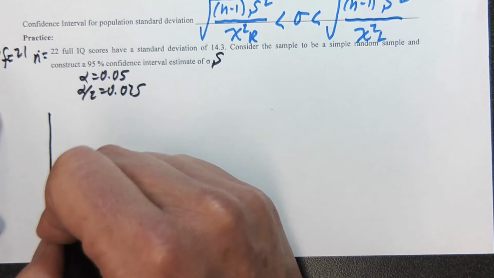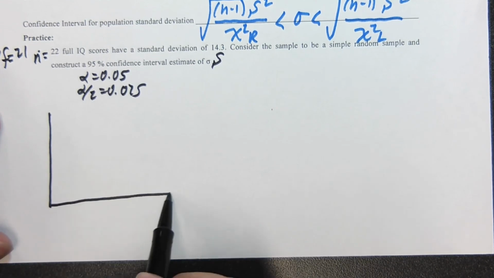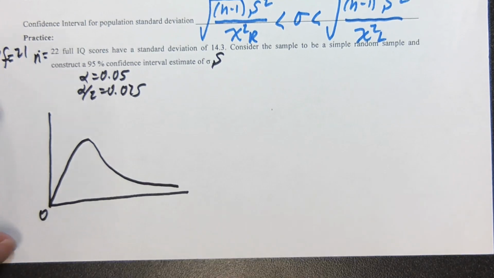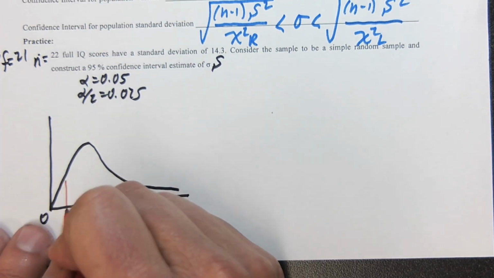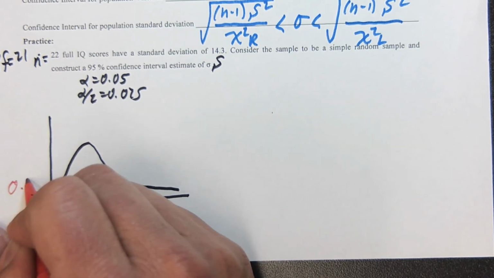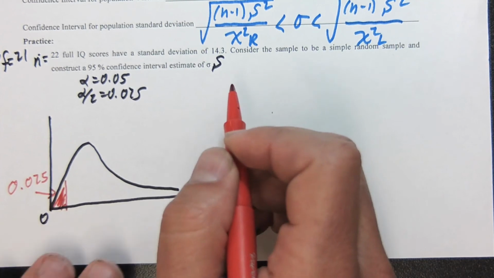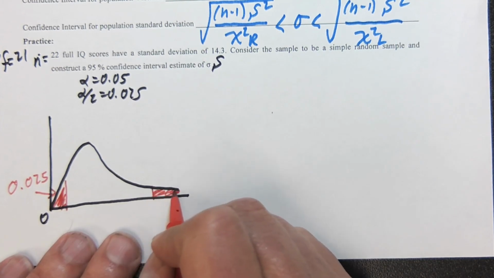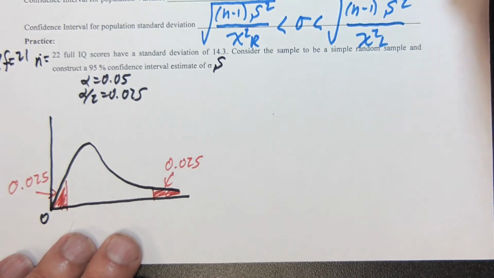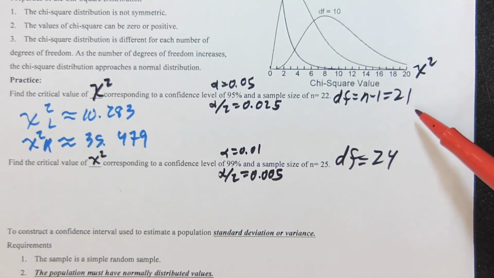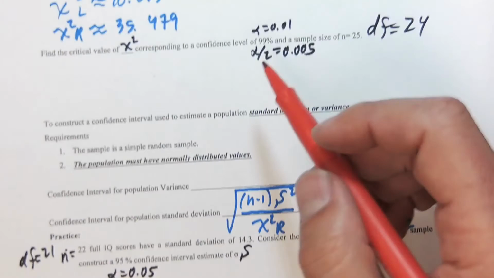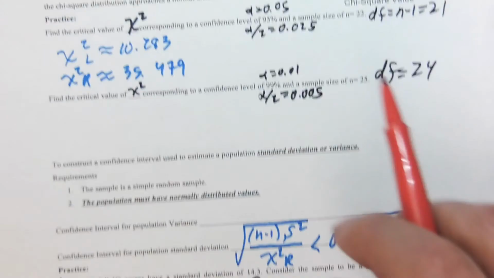So I'm going to draw a picture just to give us an idea. 0.025, 0.025. And actually, this problem is exactly the same as the one up here. Degrees of freedom of 21, alpha over 2 is 0.025, so we're actually going to be able to use these values for our left and our right.